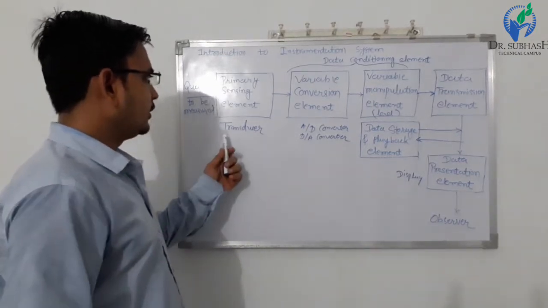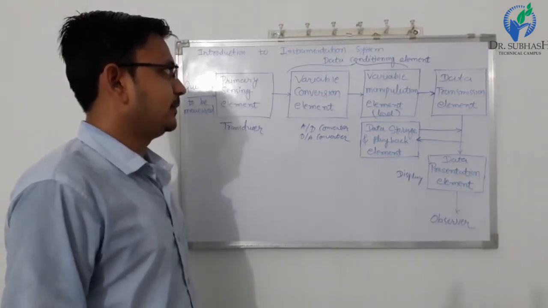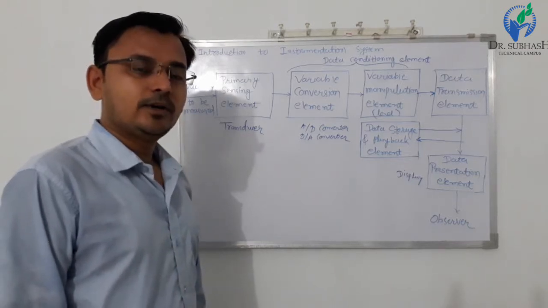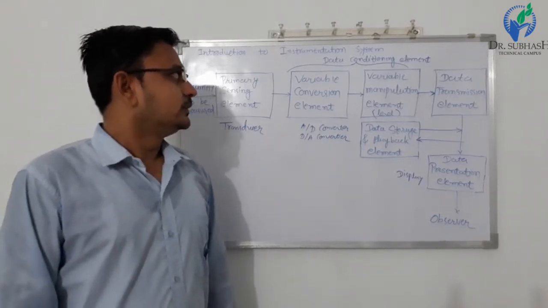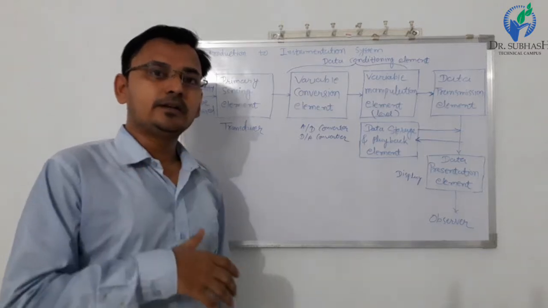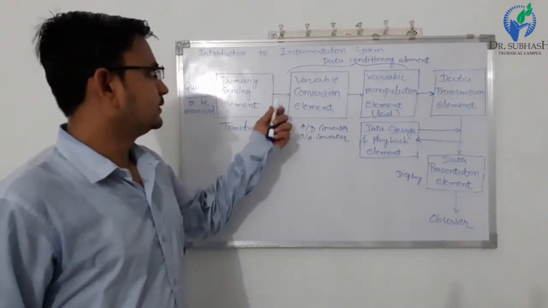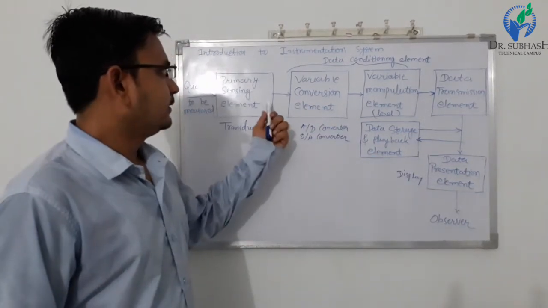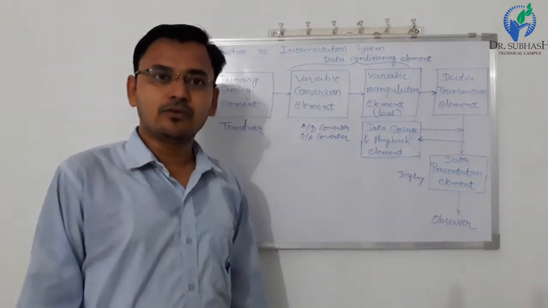Then the output of the transducer is given to the variable conversion element. So what is the need of the variable conversion element? Variable conversion means it will convert one variable into another variable. For example, our measuring system is a digital type, and the output from the primary sensing element is in analog form.